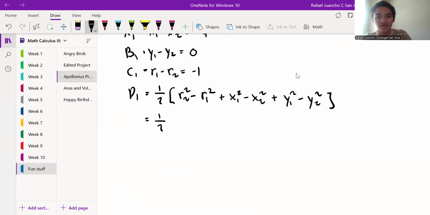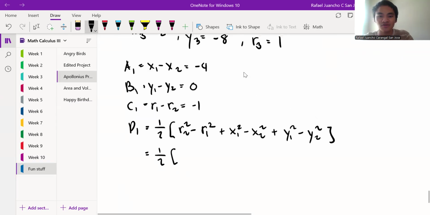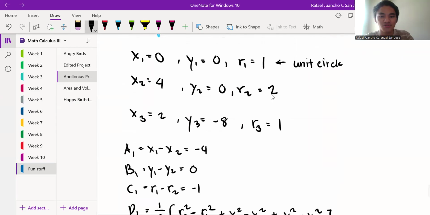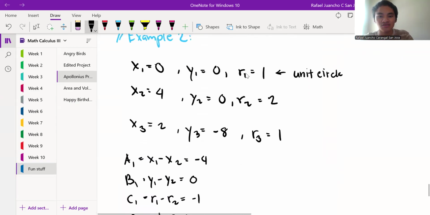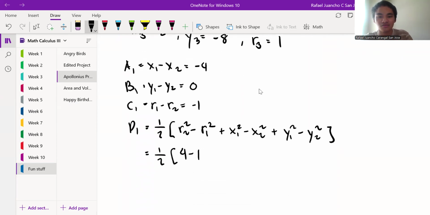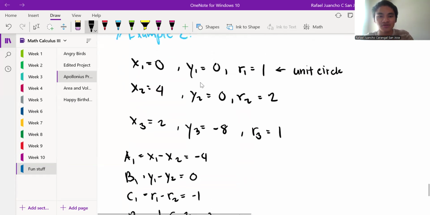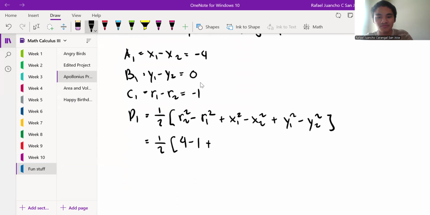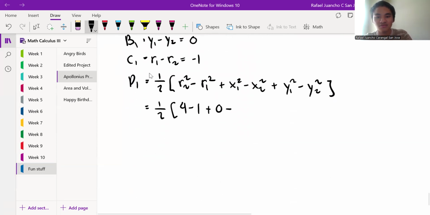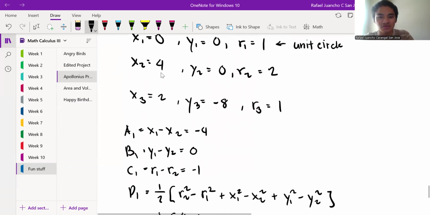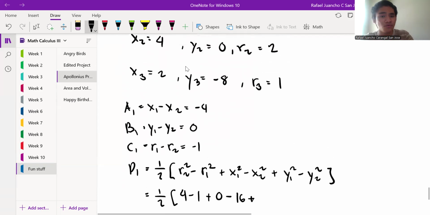This one gives me 1/2. R2 squared, what's that? 2 squared, that's 4. R1 squared, that's 1. x1 squared, that's 0. x2 squared, that's 16, because 4 times 4. y1 squared, that's 0.